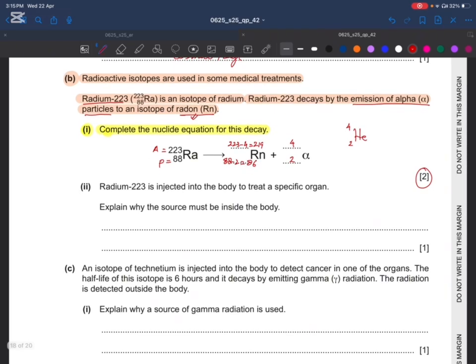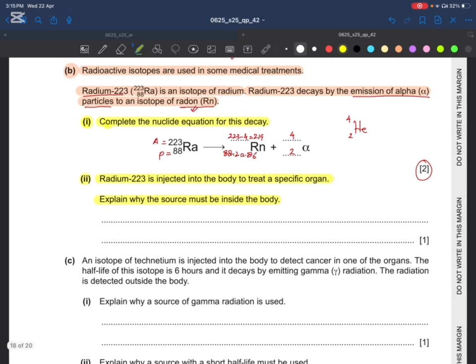Radium 223 is injected into the body to treat a specific organ. In this part, they are saying radium 223 is injected into the body to treat a specific organ. Explain why the source must be inside the body. Obviously, you need to use alpha particles over here, and you know that alpha particles are not very penetrating particles.